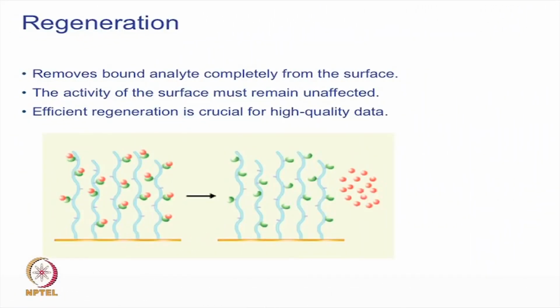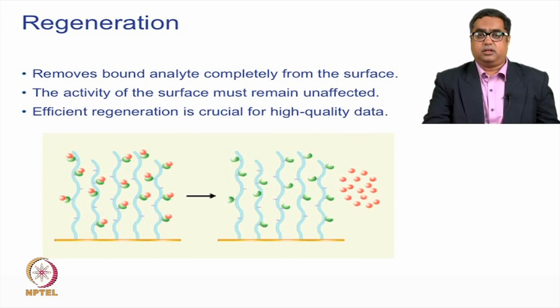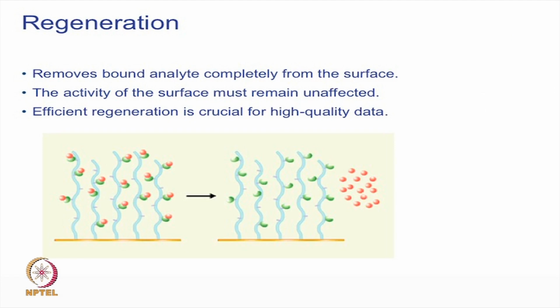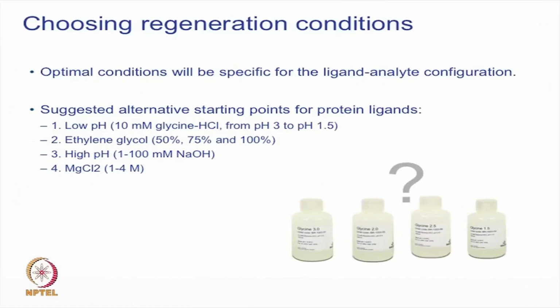Regeneration, as I just said, removes the bound analyte completely from the surface. The activity of the surface must remain unaffected after regeneration, and an efficient regeneration is crucial for high quality data. We need to test the regeneration surface. We can do a regeneration scouting before the start of an assay, or while developing an assay, and then identify the appropriate regeneration conditions.